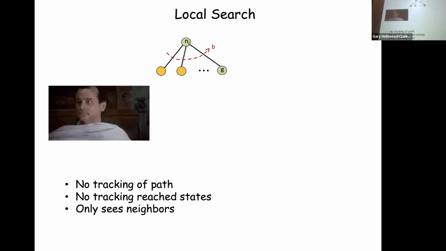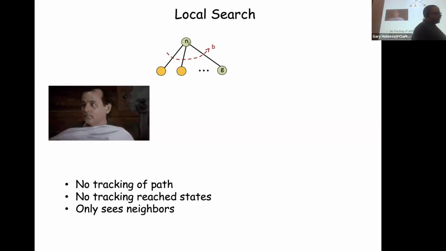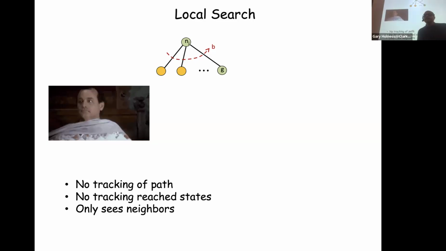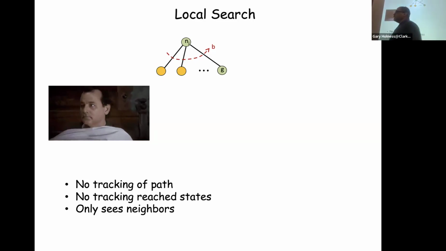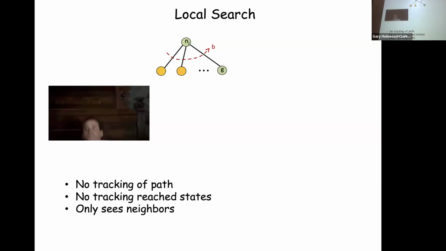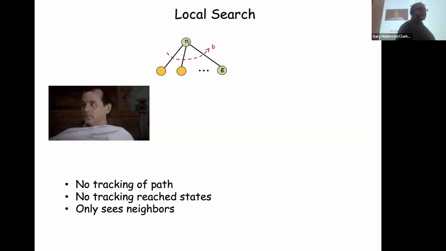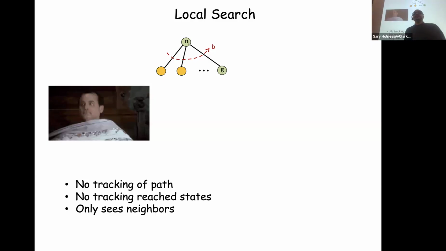Do you remember the movie Groundhog Day? You know that movie? Okay. So it's like Groundhog Day. You re-encounter again and again and again, not maintaining a notion of how you got there. It's just local. The only consideration at every try is the expansion of the frontier, the generation of the successors, encountering new nodes, and selecting one.